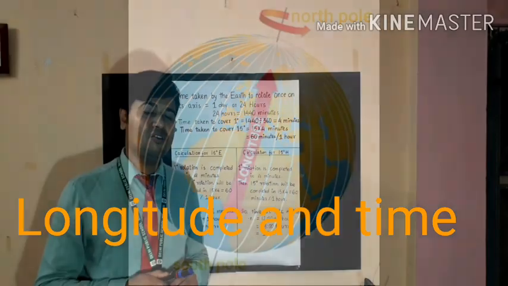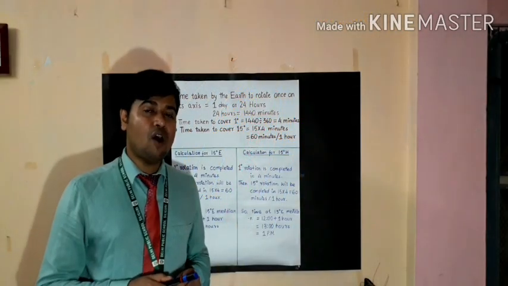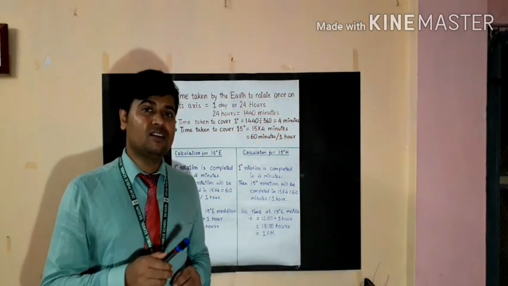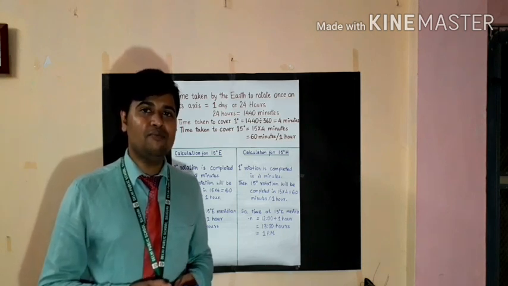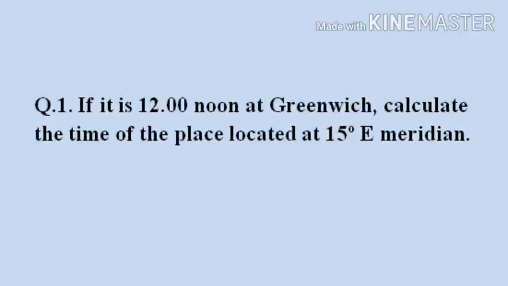Now let's see how we can calculate the time of any particular place with the help of longitudes. So the question is, if it is 12 noon at Greenwich, calculate the local time of the place located on the 50° east meridian.